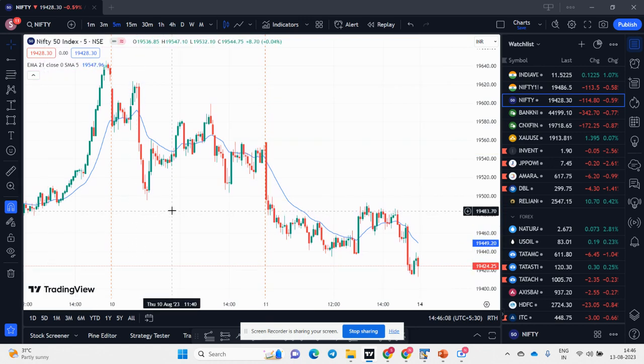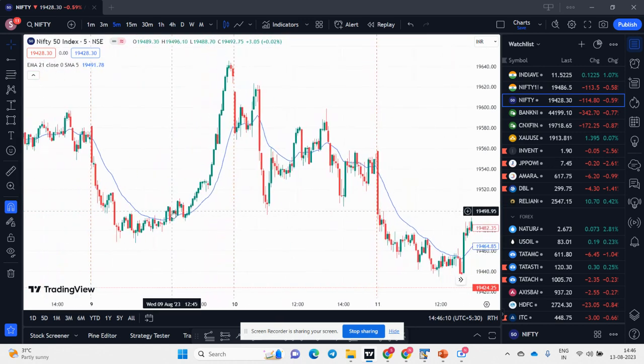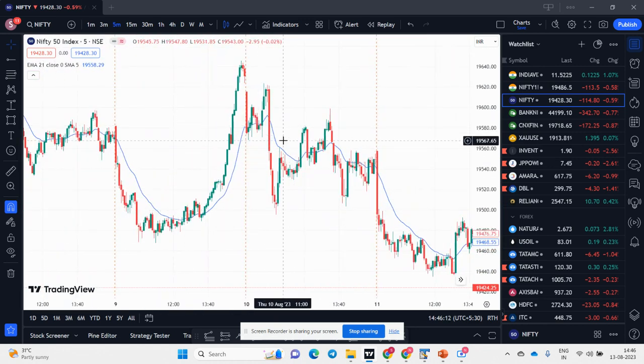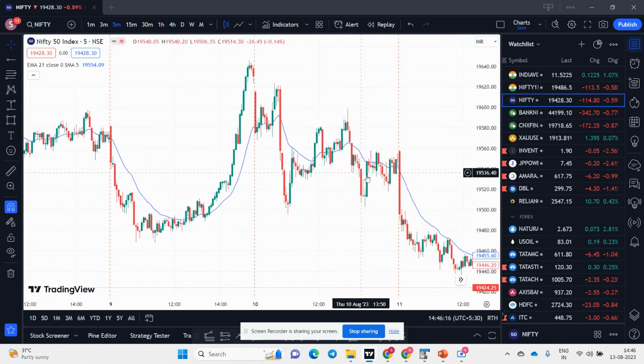So let's look at the one before. This is another one, the 10th, which also works out really well. If I want to trade on the 10th, this is one of the back tests that I'm taking.